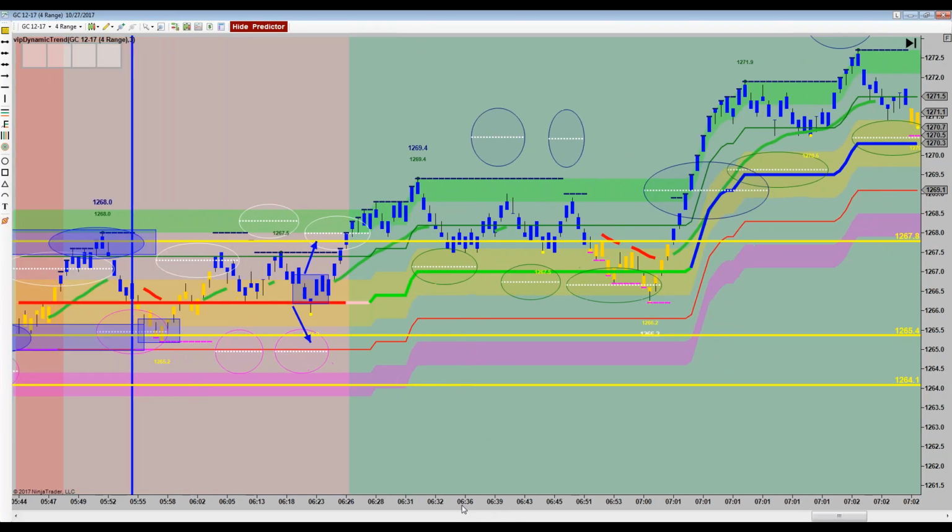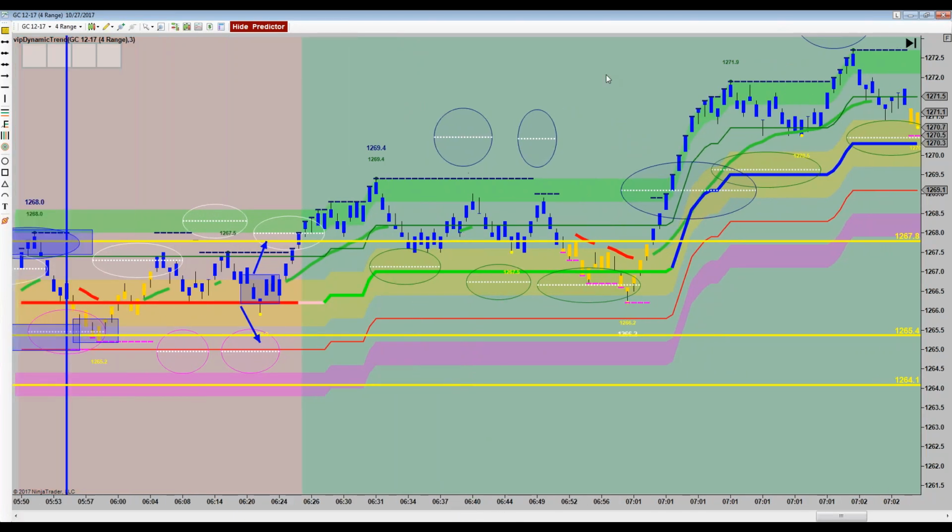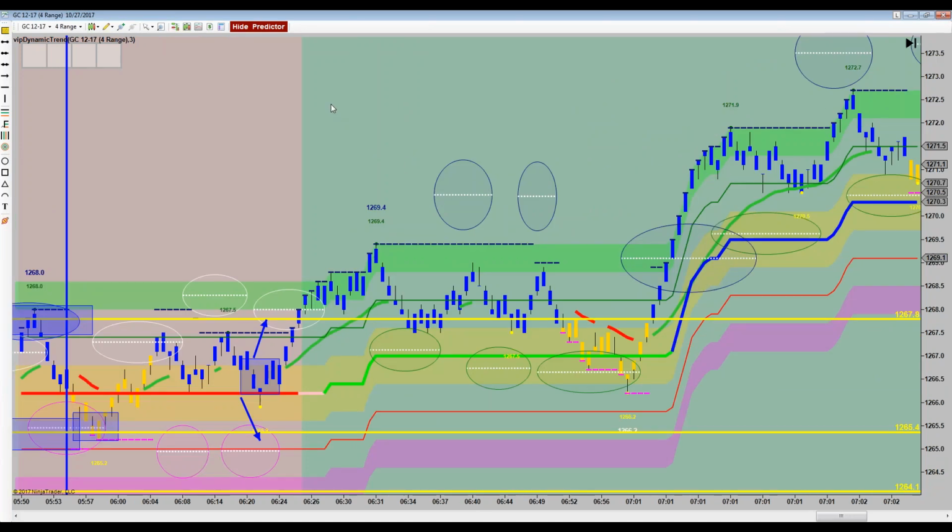Blow it up a little bigger so the bars are bigger. Let me get it vertically adjusted. There we go. That's better. Here we go.